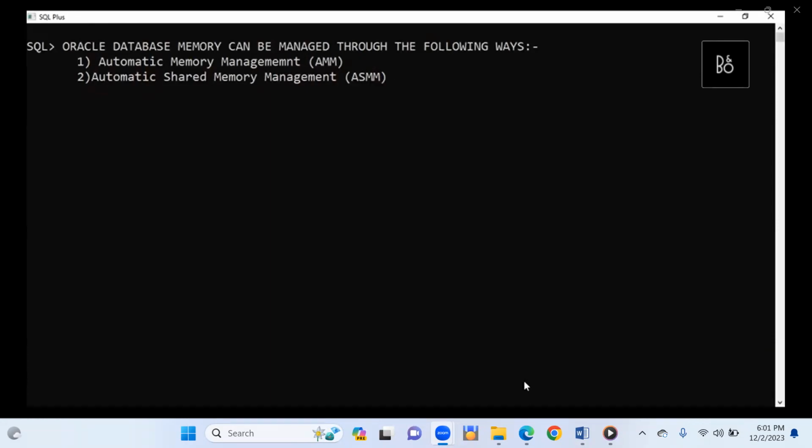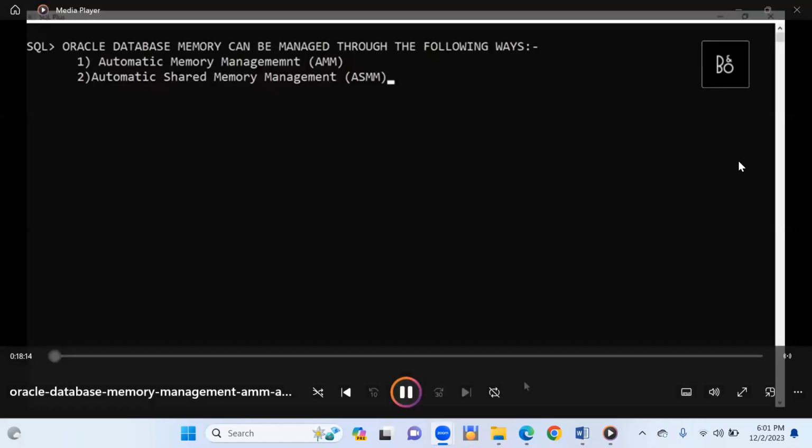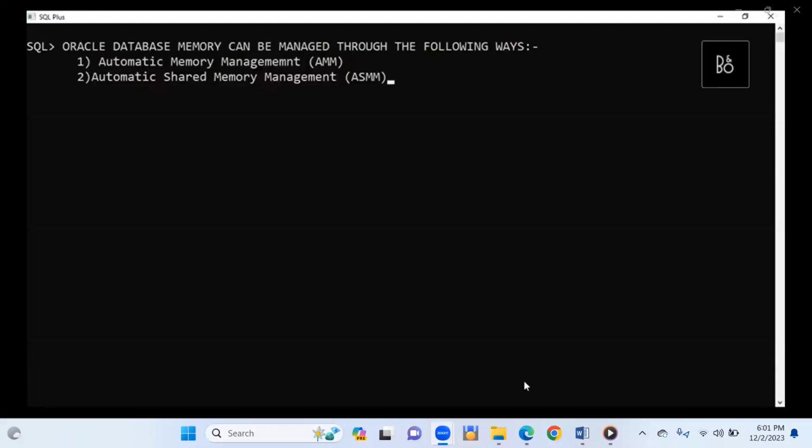Just to know what they stand for, because that is the shortest way we can talk about them, rather than using the full names. Automatic memory management is AMM. Automatic shared memory management is ASMM.